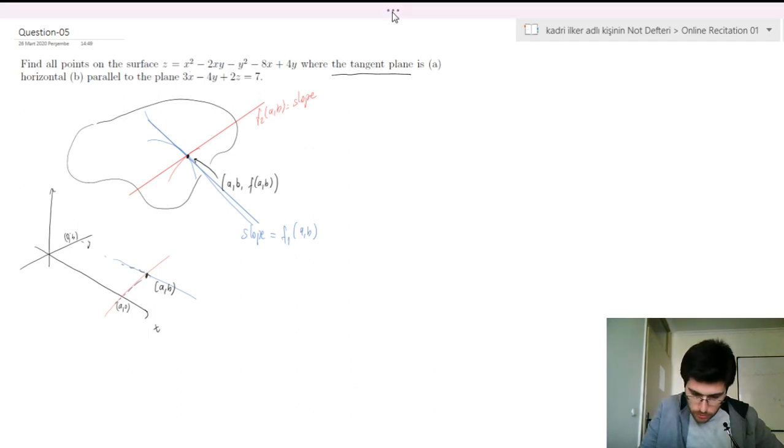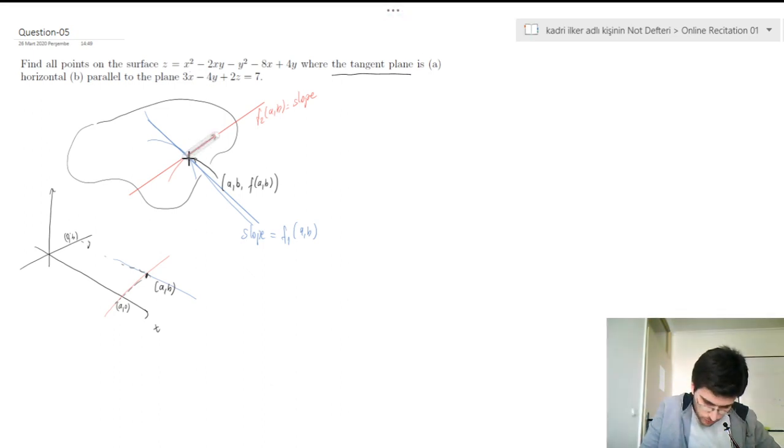But of course, when you discuss those things, we have a vector, right? So we have a vector like this, and we have another vector over here.